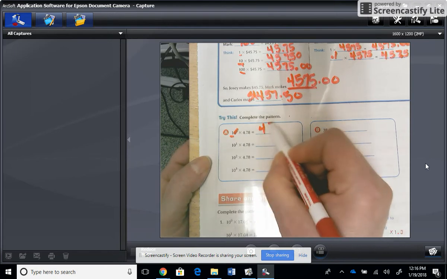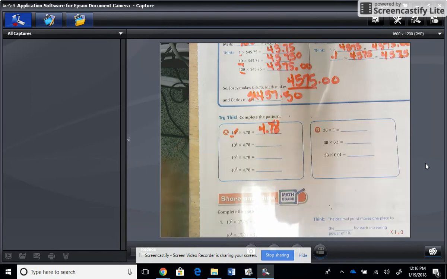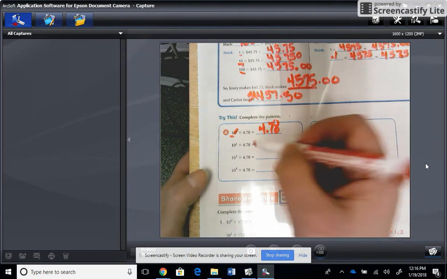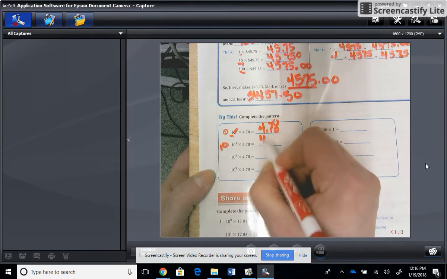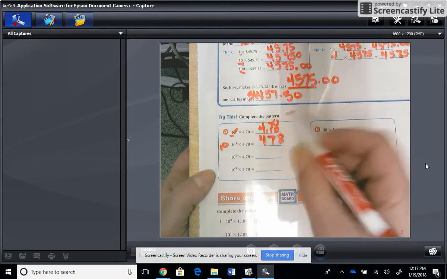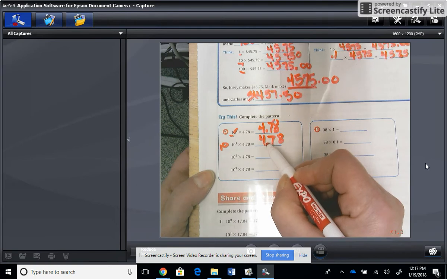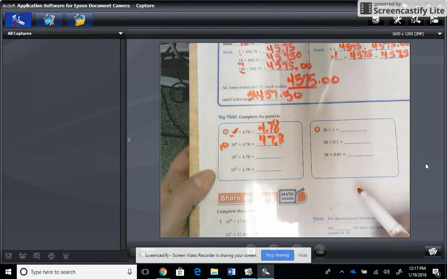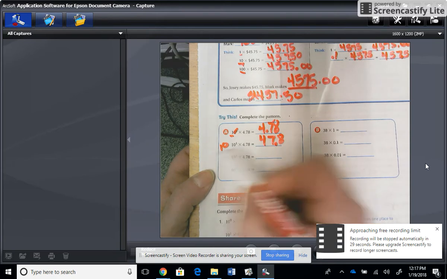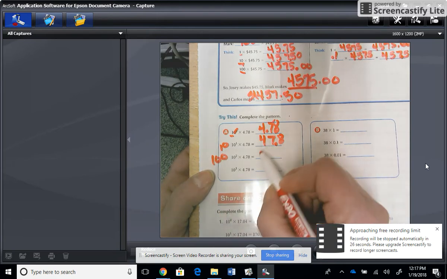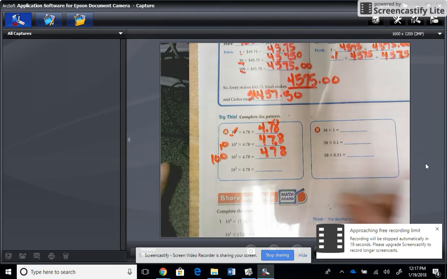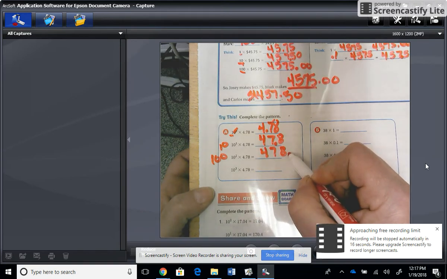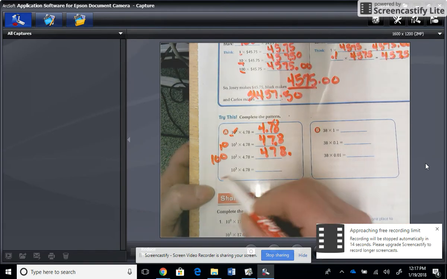So 1 times 478 means the identity property, it stays exactly the same. 10 to the first power is like saying 10, so 10 times 478, and I know here was my decimal, my number is going to get larger, I have to move it 1 place value. 10 to the second power is 100, so I'm going to put my digits down. Here's where my decimal was. It has 2 place values in 100. All right, and we're going to move it 2 place values, and now we're at 478.